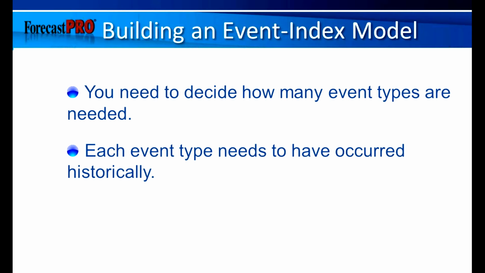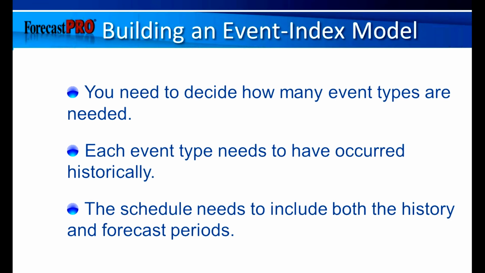A reasonable approach would be to assume that the planned promotion will behave similarly to a promotion that has occurred in the past and leverage that event type in the forecast. Once the planned promotion does actually occur, you can then assign a unique event type and have a better basis for forecasting that new promotion that's been introduced going forward.